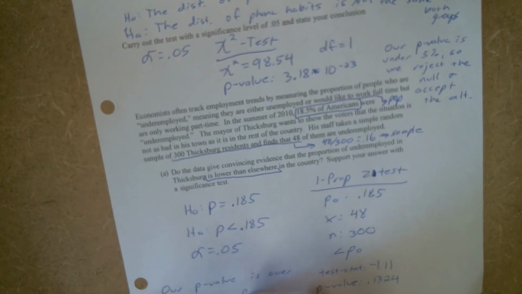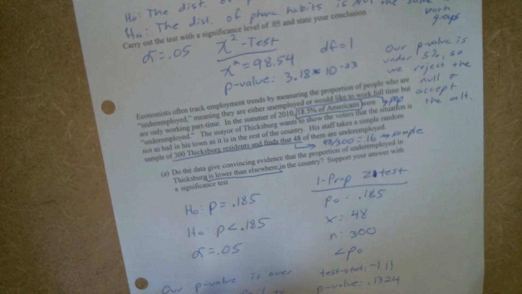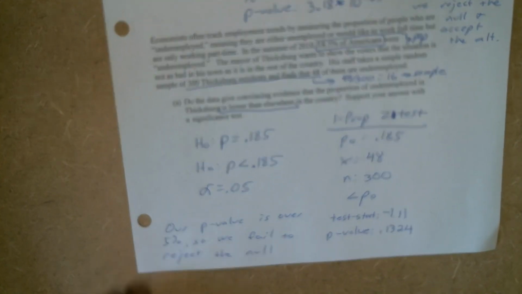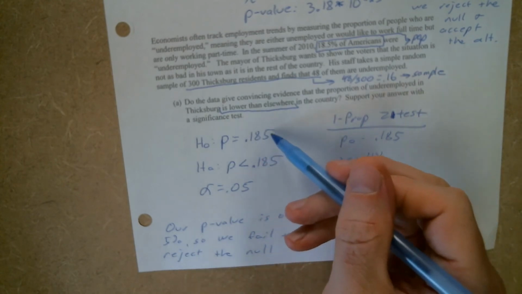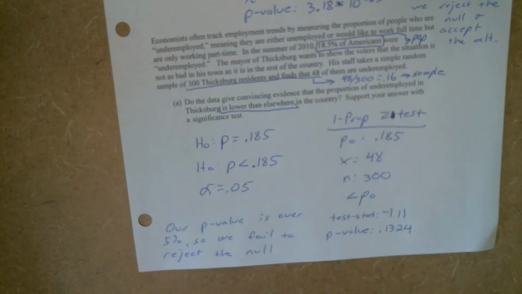So we fail to reject the null. All right, so in this case, we don't have enough evidence to say that the unemployment is actually better in Vicksburg, right? It's close enough that we basically say, yeah, we can't say that this is wrong, right? Your town might be just as bad as everybody else, right?